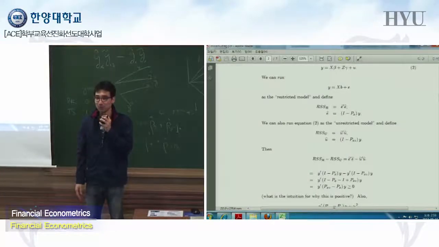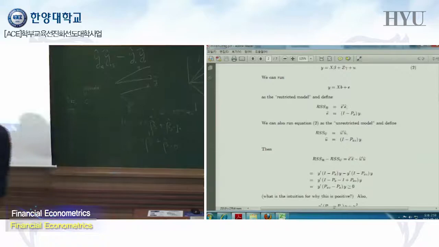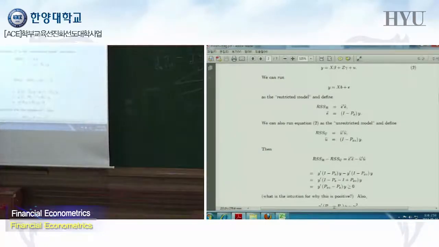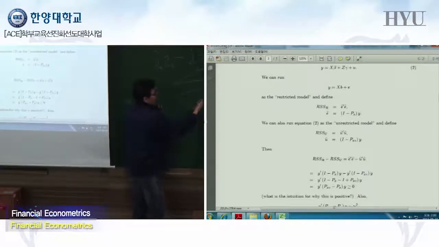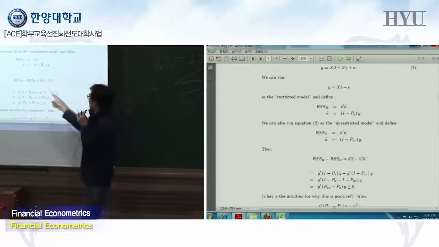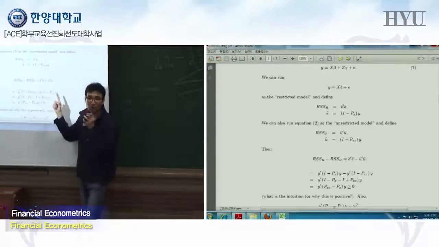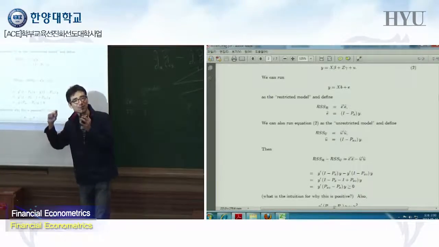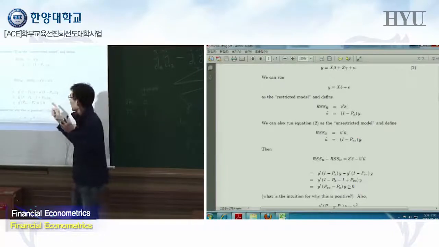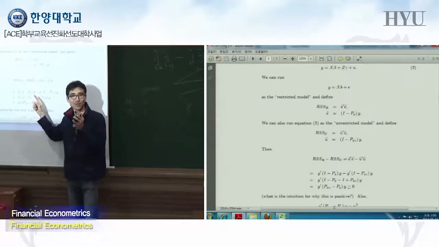Okay. So that is the geometric interpretation. This one is the opposite geometric interpretation. It is like regression of y on the null space of x. So the null space of x should look like this part. This one is regression of y on the null space of both x and z. But the null space of both x and z should be smaller than the simple null space of x, right?